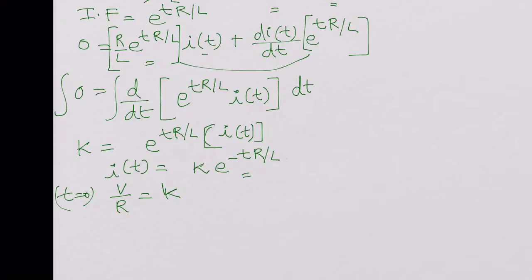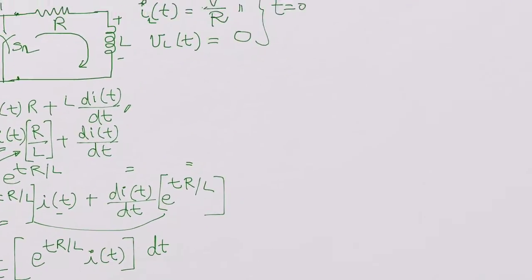So the k is V over R. Or we got this I of t is V over R e power minus t R over L.